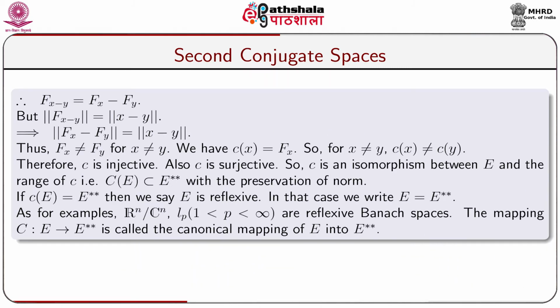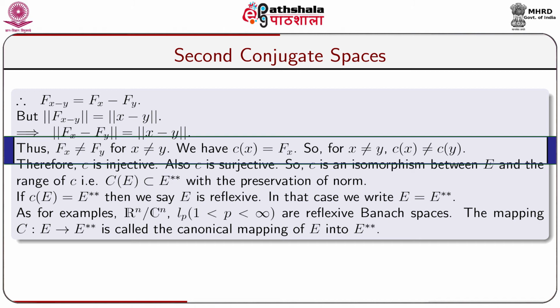Therefore, F of x minus y equals Fx minus Fy, that is capital F of x minus y equals capital Fx minus capital Fy. But norm capital F of x minus y equals norm x minus y. This implies norm of capital Fx minus capital Fy equals norm x minus y.